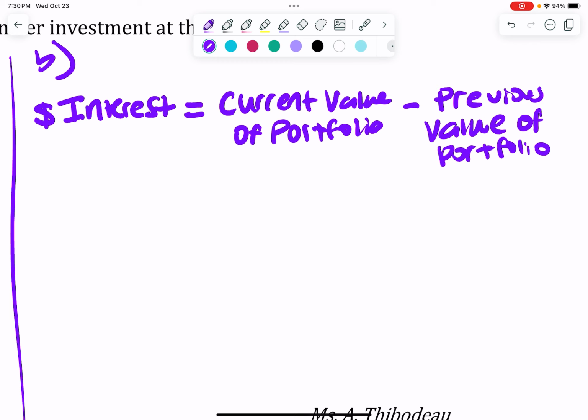Now again, this is done or said in a very formal way. But the current value of my portfolio, that's just my future value. That's what I just found out. That is my $28,134.17. My previous value of my portfolio is what I actually invested. Now, what I actually invested is a combination of two things.